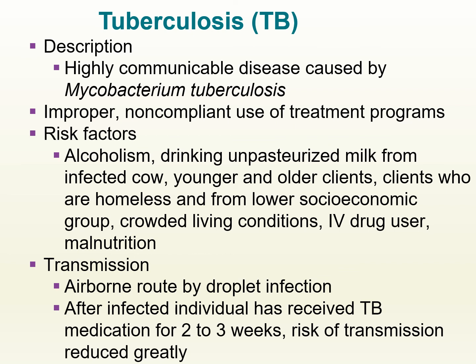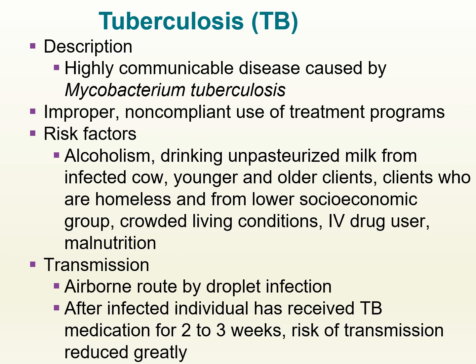Now we're going to talk about TB a little bit, and we'll talk about this in a little more depth as we go along. So TB is a highly communicable disease. It's caused by the Mycobacterium tuberculosis. A lot of patients that have it either improperly care for themselves or they're non-compliant with the use of treatment programs.